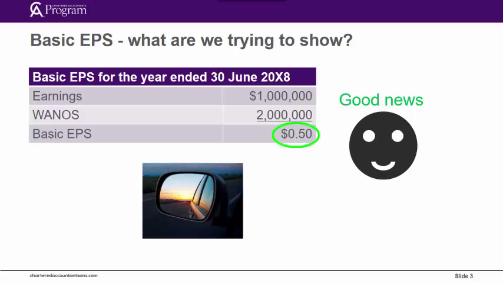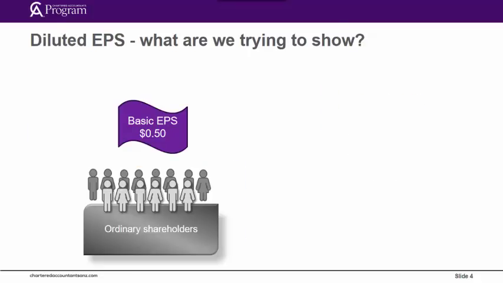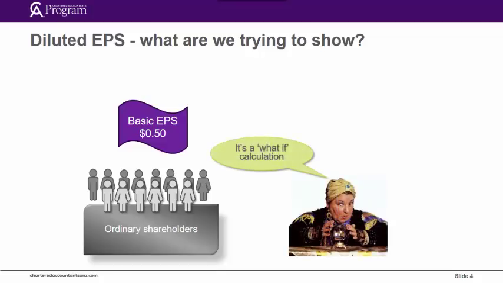But what about diluted earnings per share? What are we trying to show here? Our ordinary shareholders will have reported to them in the financial statements a basic earnings per share of 50 cents. But what we're trying to do with diluted earnings per share is to say, what if there are some other holders of instruments?